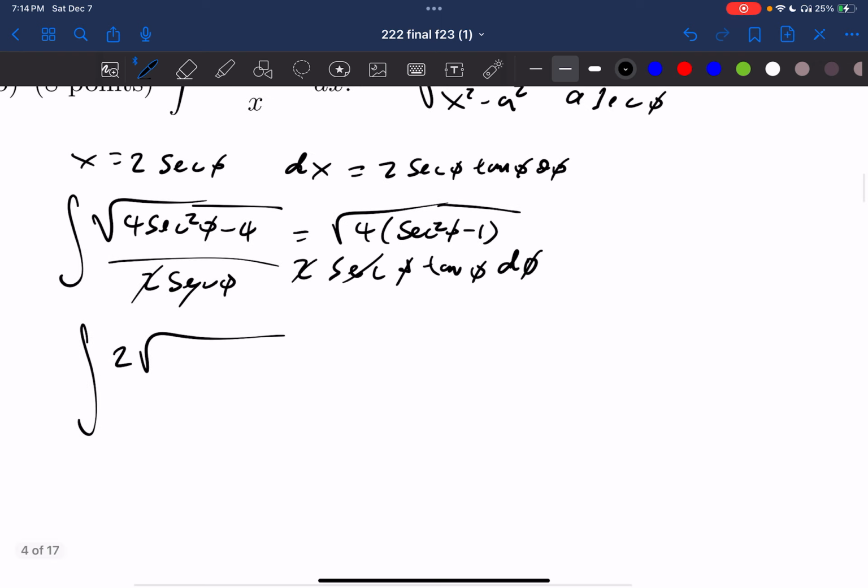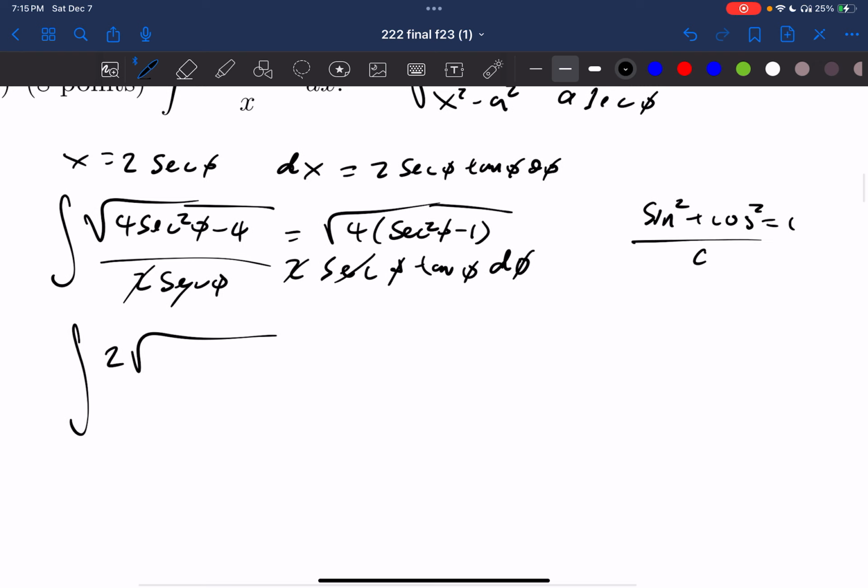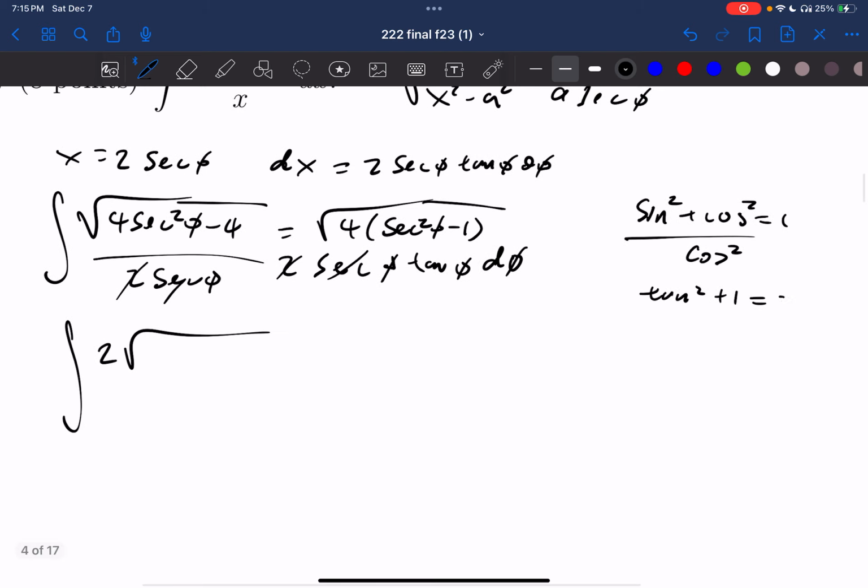So we have sine squared plus cosine squared is equal to 1. And then if we divide everything by cosine squared, you're going to get sine over cosine, which is tangent squared, plus 1 is equal to secant squared.